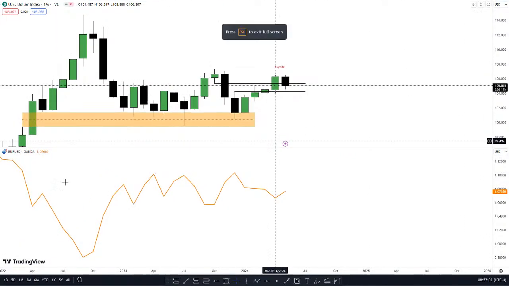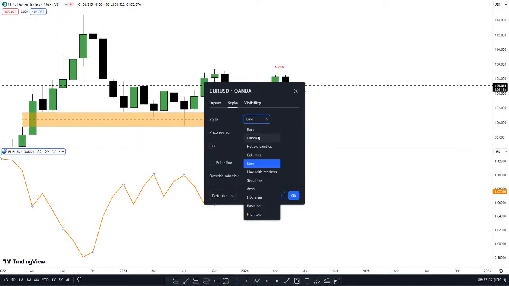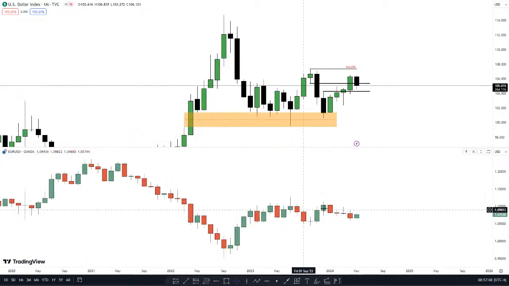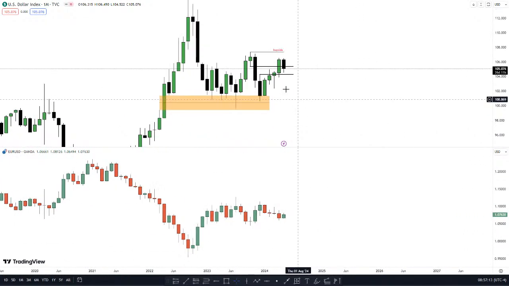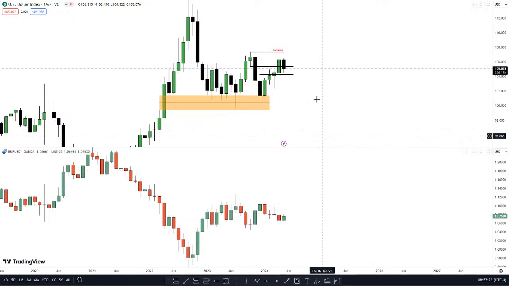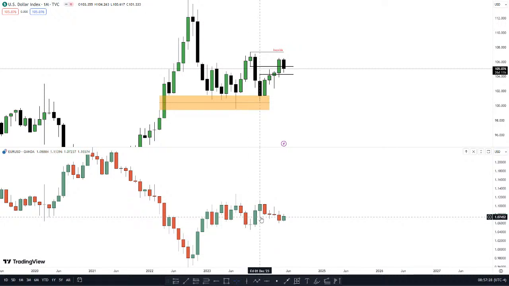Okay, so here it is. So you see this monthly inversion on the dollar, this bearish fair value gap on the dollar is the same one on the euro dollar right here. It's the same one.